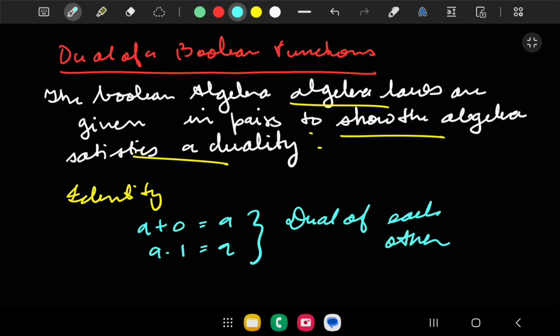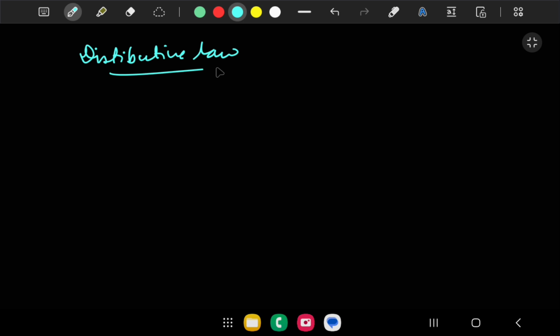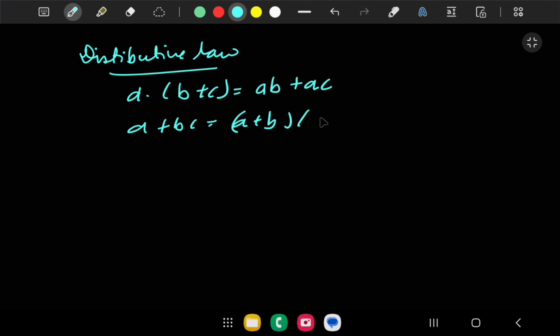So all of the properties that we have seen are in pairs. For example, the distributive law is also in pairs. A dot (B plus C) equals AB plus AC. A plus BC equals (A plus B)(A plus C). Again they are in pairs. Yes or no?